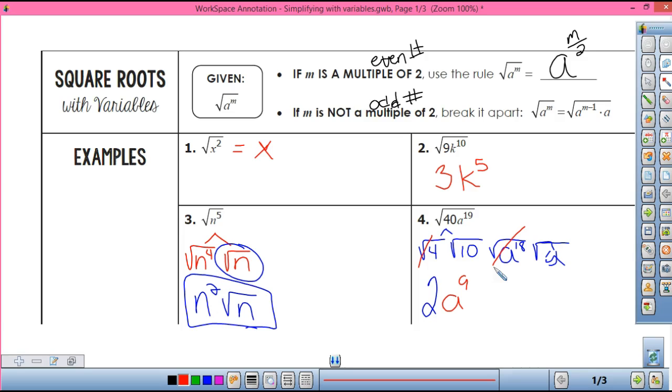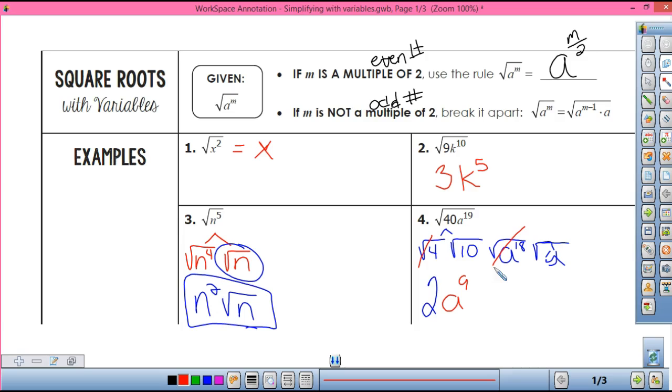Which one? Well, because you divide by 2. Right, but this is different. We're taking our rule, if we have exponents on a variable, we just divide those by 2. It's different than simplifying 40.